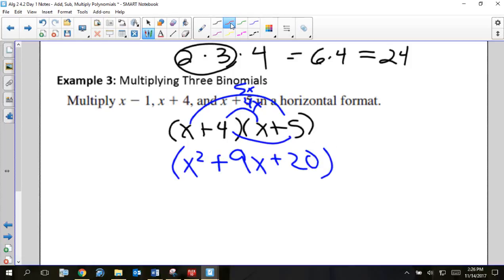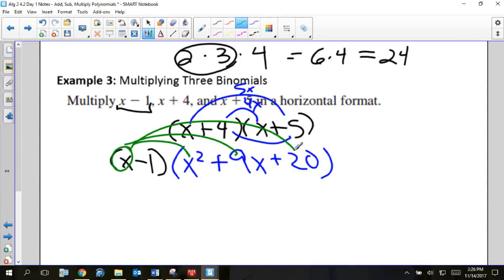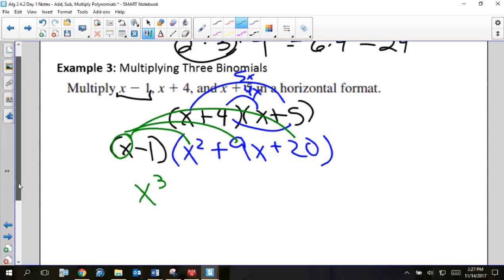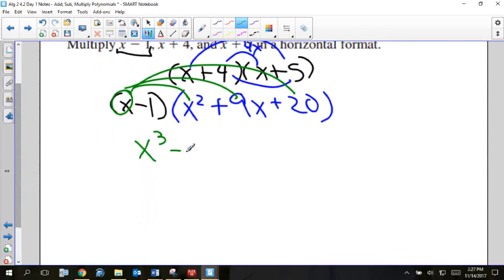Now we have to take that and multiply it with the other binomial we skipped. So now we're going to distribute x to all 3 terms. When you distribute with an x, that changes the exponents. So I'll have x to the 3rd plus 9x squared plus 20x.